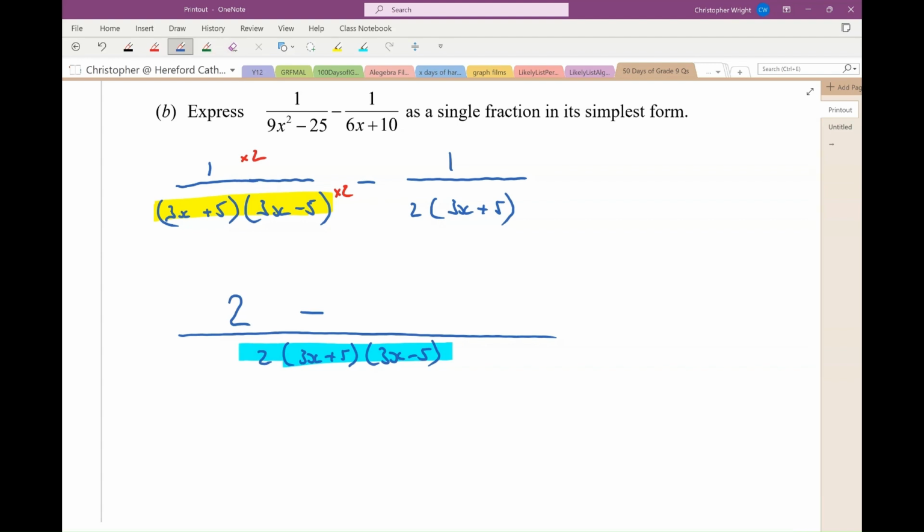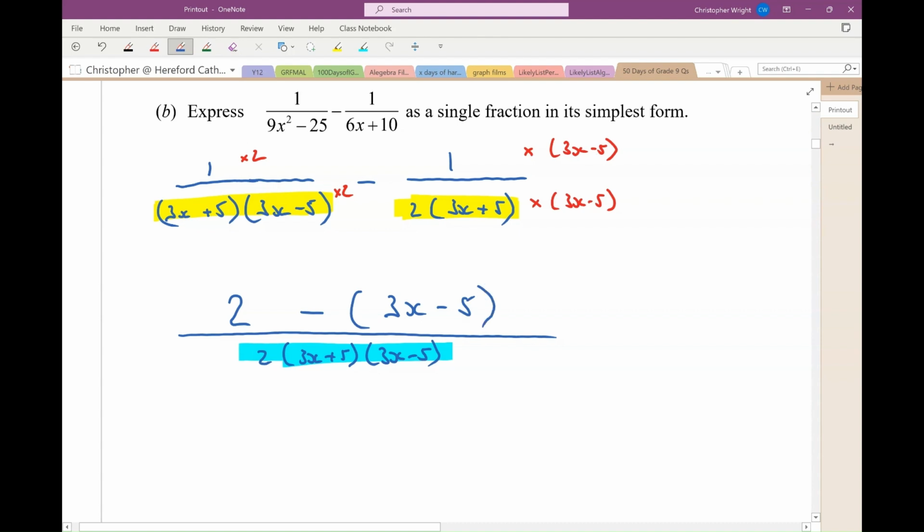Now, let's look at this second fraction. What's this denominator been multiplied by to get my new denominator? Answer, it's been multiplied by 3x minus 5, so I must do the same to the top. 1 times 3x minus 5 is 3x minus 5. Now be careful to put that in a bracket, because this minus sign here is going to have an effect on both the 3x and the minus 5.